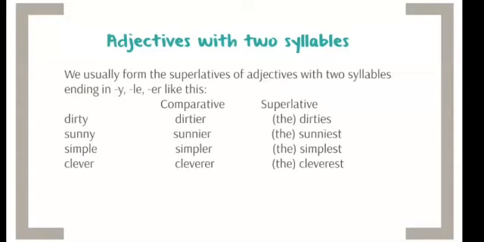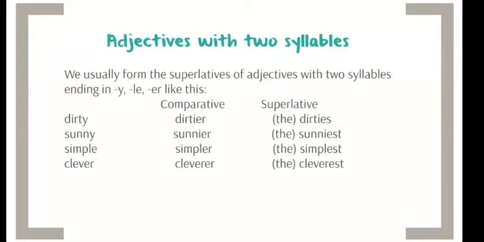As a comparative, when the adjective finishes with the letter Y, we take away the Y and add -ier. What about when we use that adjective as a superlative? It is the same. We take off the letter Y and add -iest.